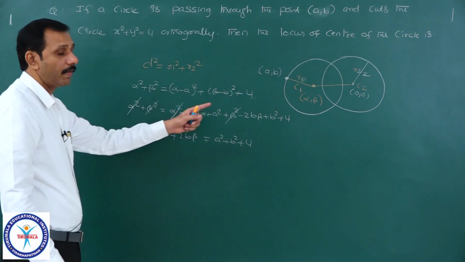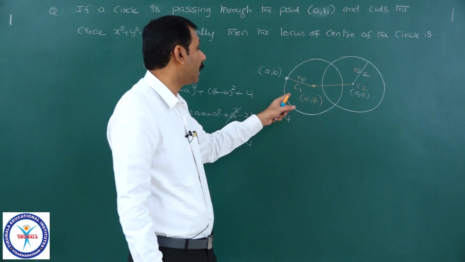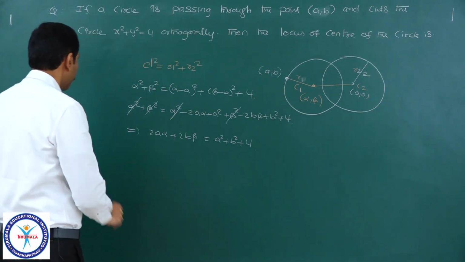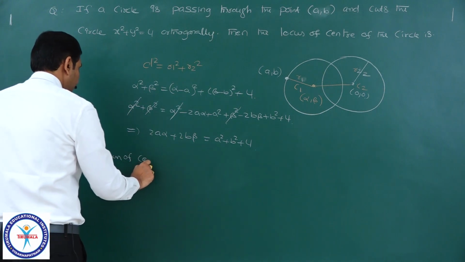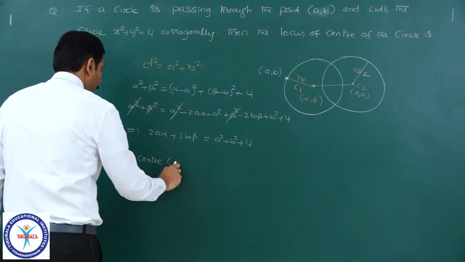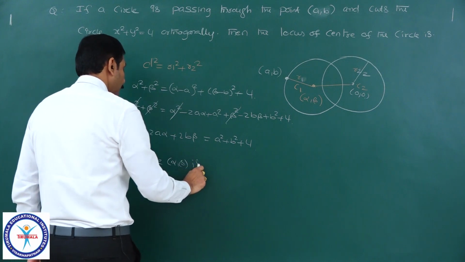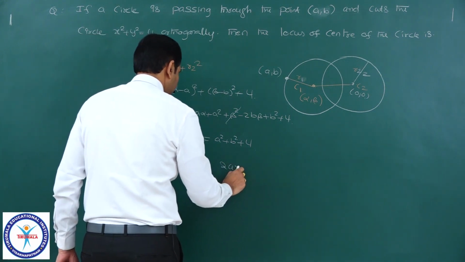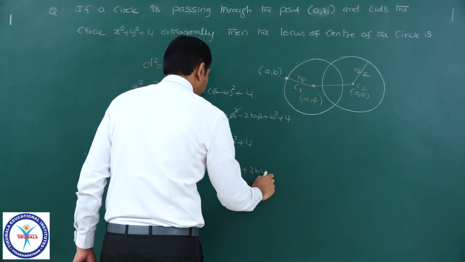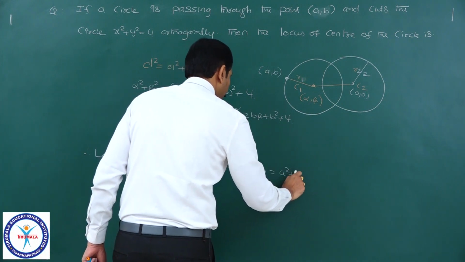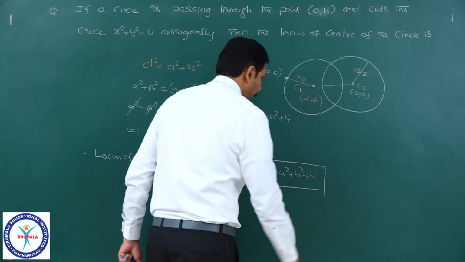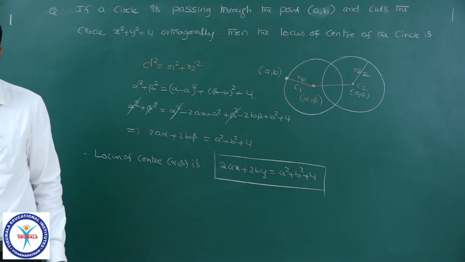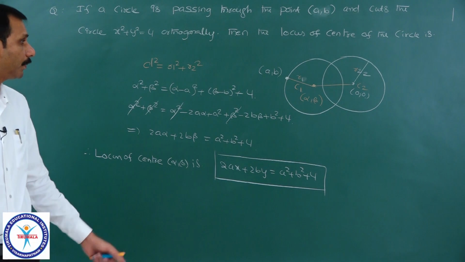I want the locus of (alpha, beta), which implies replacing (alpha, beta) with (x, y). Therefore, the locus of the center (alpha, beta) is 2ax + 2by = a² + b² + 4, which will be the required answer. Simple problem only, hope you can understand.